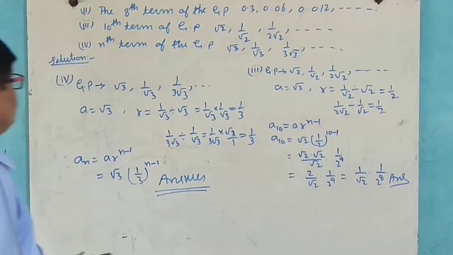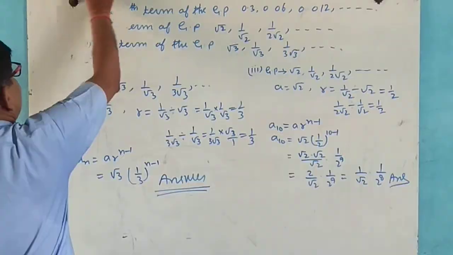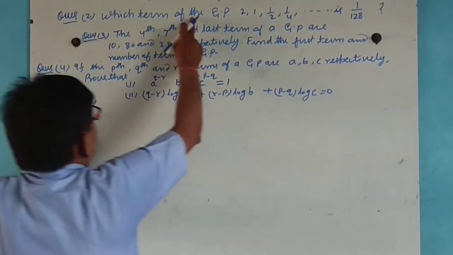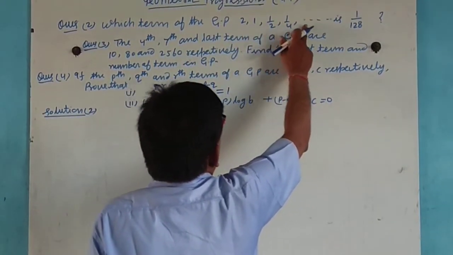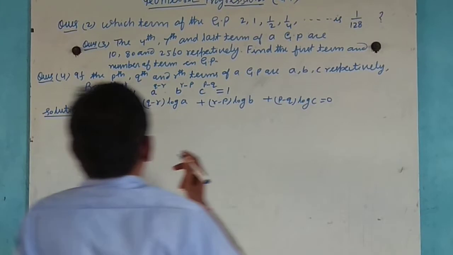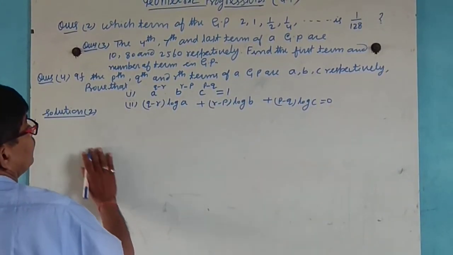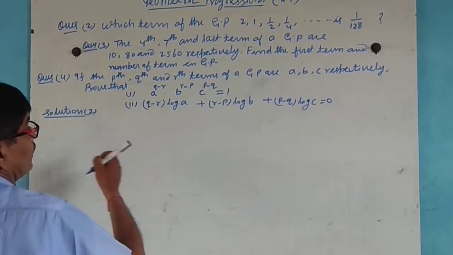Now we take another example. Question number 2: Which term of the GP 2, 1, 1/2, 1/4 is 128? Let us suppose that the nth term of the GP is equal to 128.